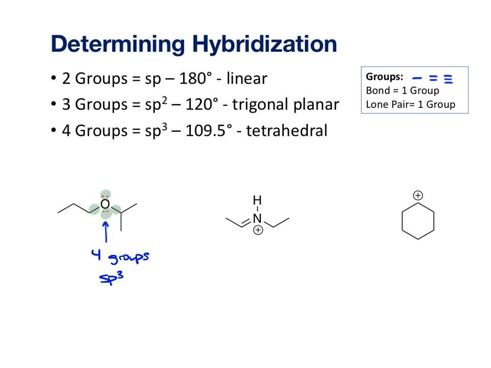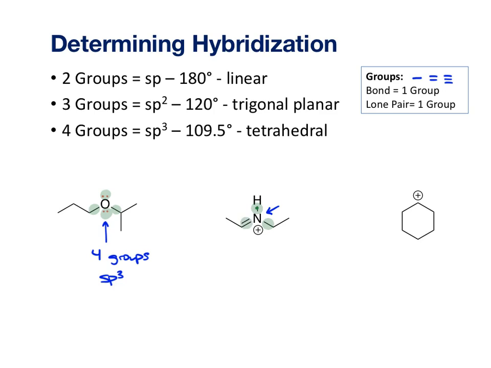In this next one, say we want to look at the hybridization of the nitrogen. For it, there's no lone pairs because we have an octet of electrons already around it. So now we just need to look at the number of groups. Each single bond here is a group.